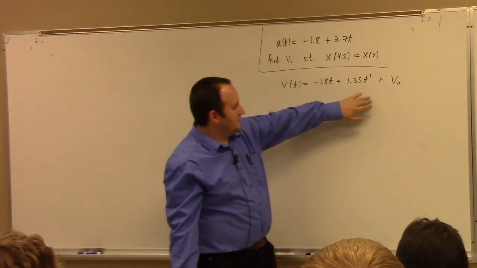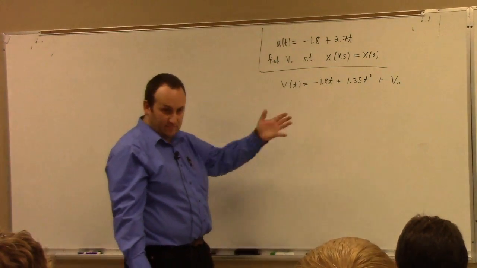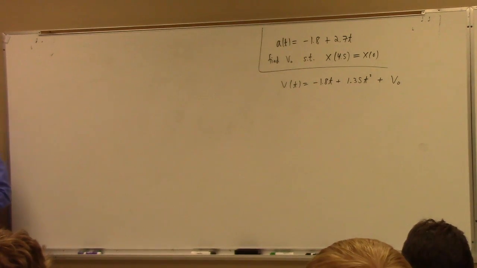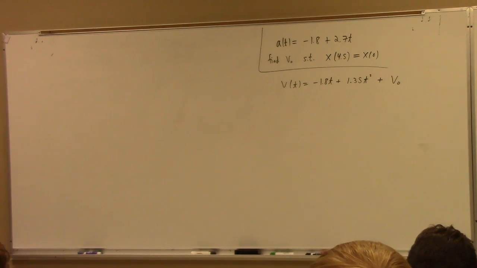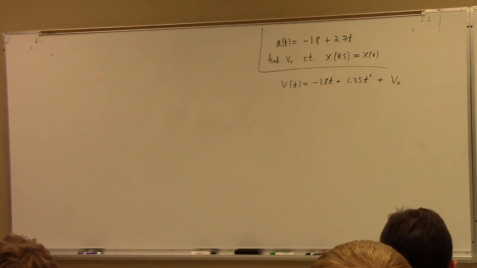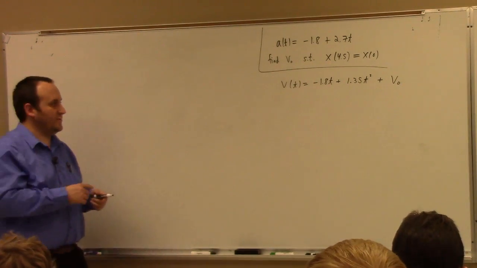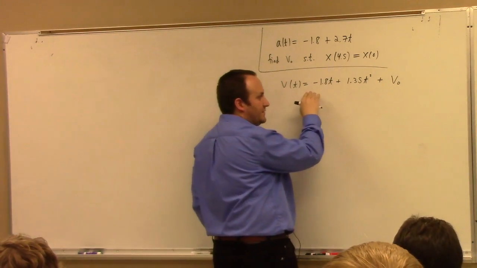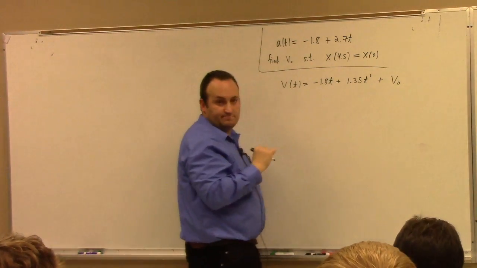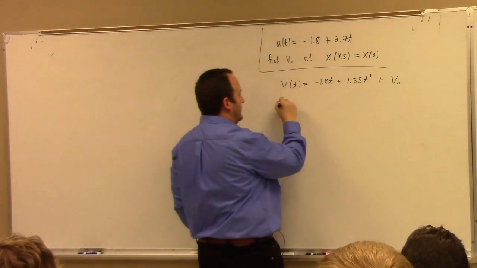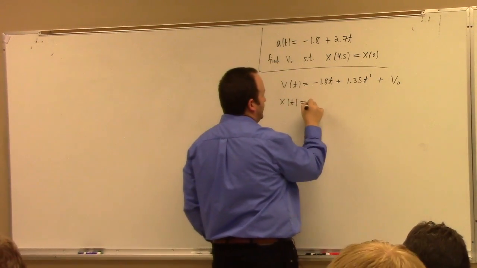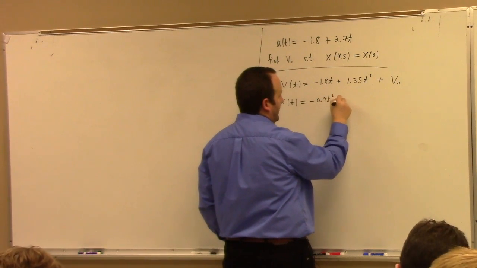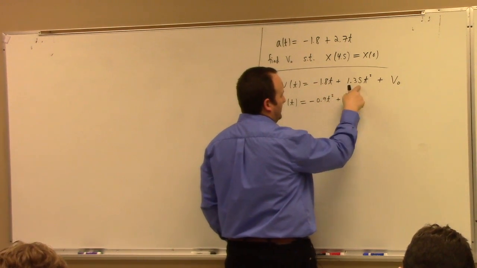So is it legitimate for me to put v naught here as my constant? Is that reasonable? Yes, because if we put in t equals 0, we get back v naught, right? And then what's x of t? Well, x of t is equal to minus 0.9 t squared. What's 1.35 divided by 3?